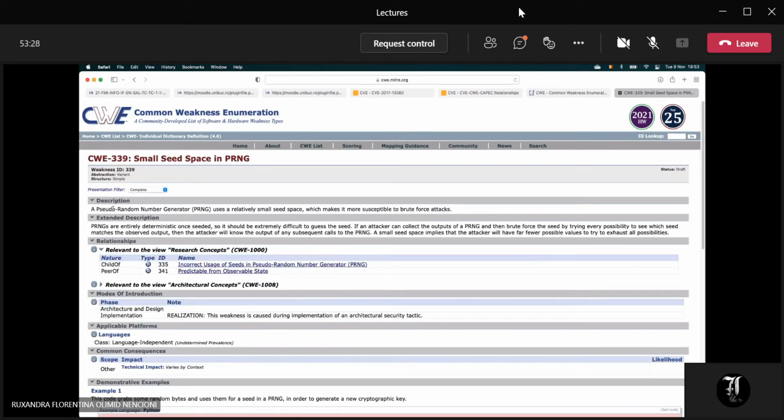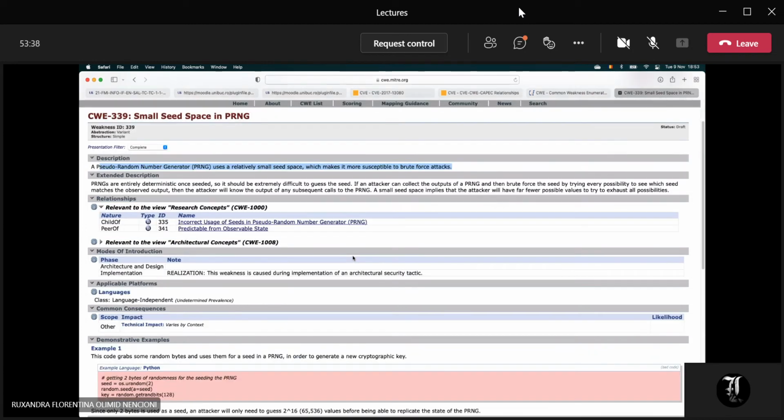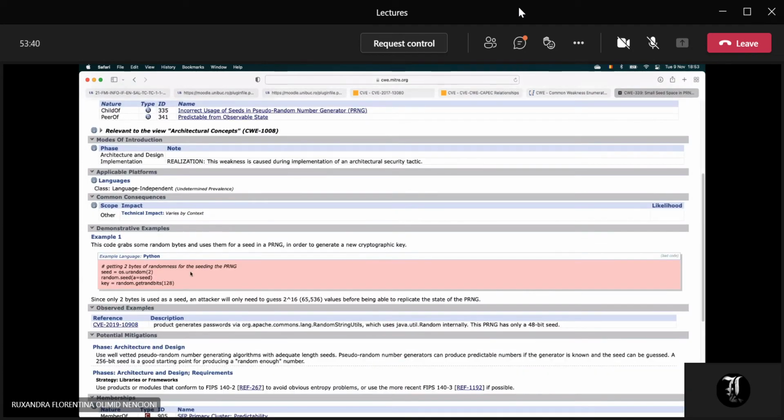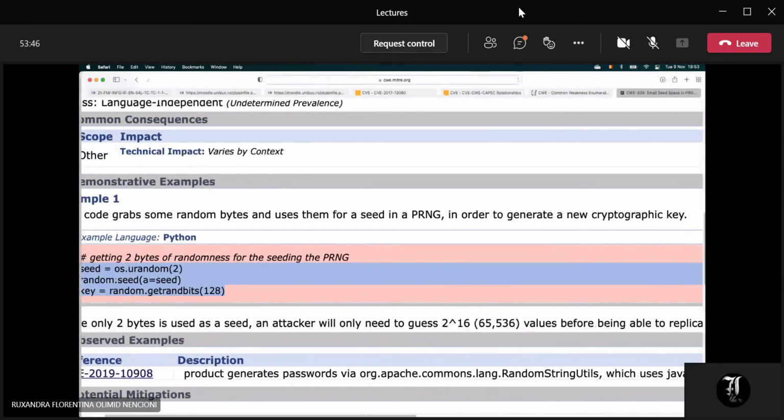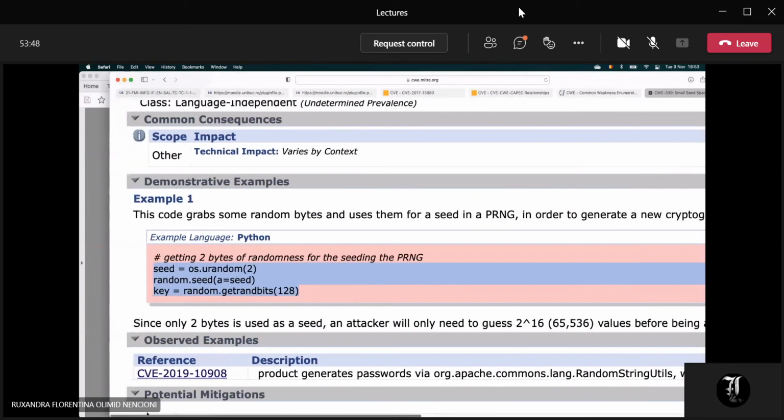If I enter into a pseudo-random generator just a small seed as the input, then it's of course more susceptible to brute force attacks, okay? So for example, I have here, I don't know how well you see because it's maybe too small. If I only have a seed that uses 2 bytes of randomness, I have a problem. I should use more, okay?